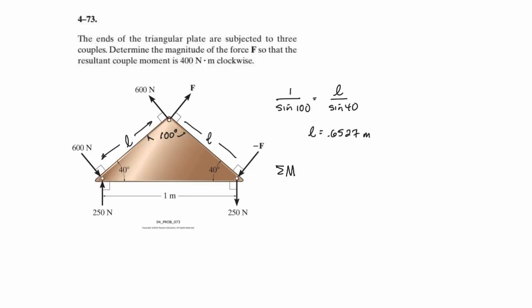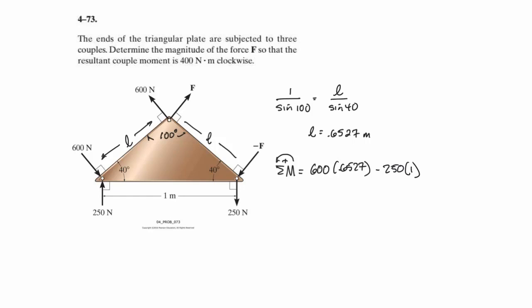Sum of the moments is going to be equal to, we're going to call this way as positive, 600 times 0.6527. So that's this one here. It's going in the positive direction. The 250 is going to be going in the negative direction, so I'll say minus 250 times 1.